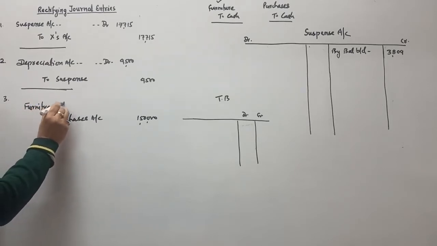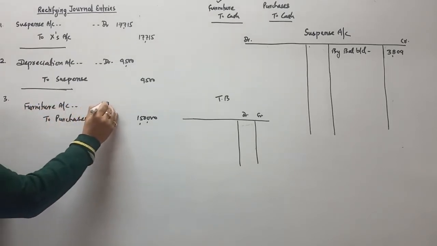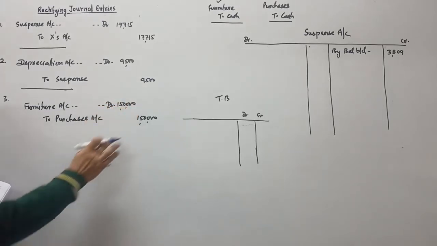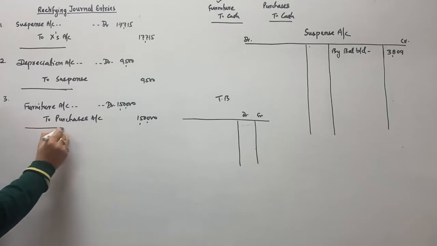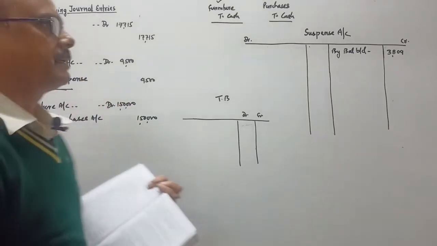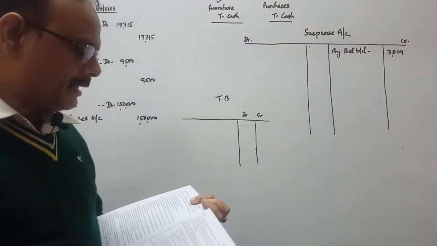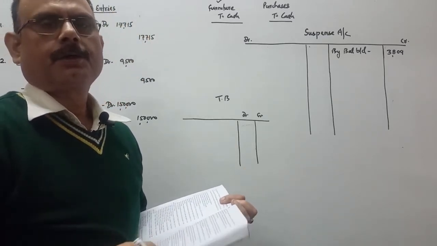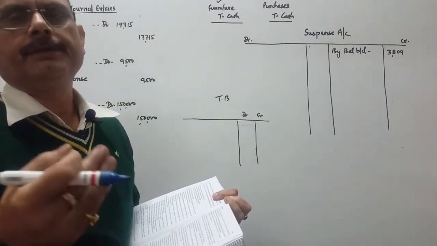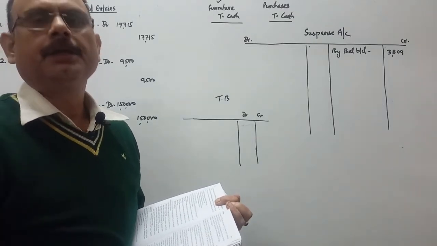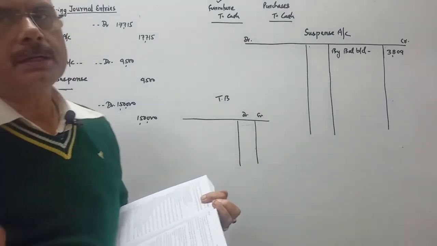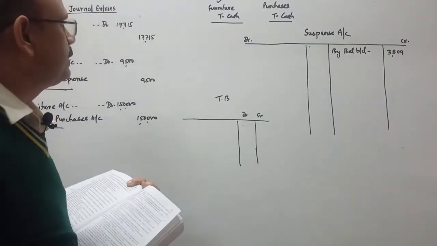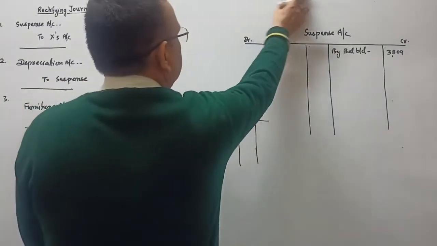So furniture account debit 1,50,000 to purchase account 1,50,000. You write in the narration, being furniture purchased, wrongly debited to purchase account, now rectified. Next error, is it clear?